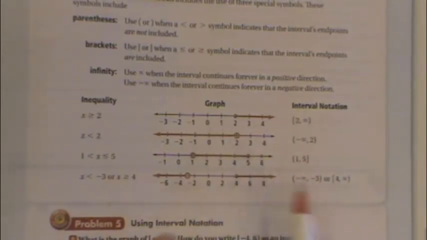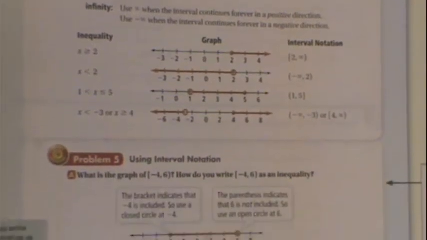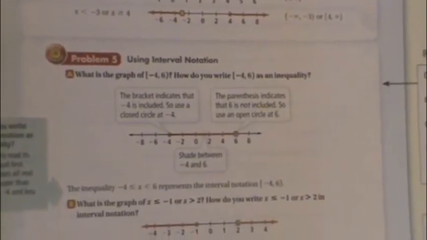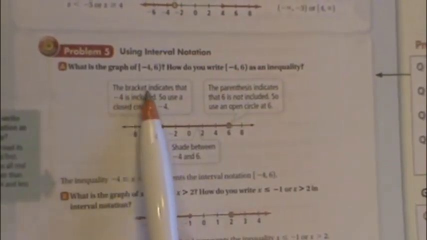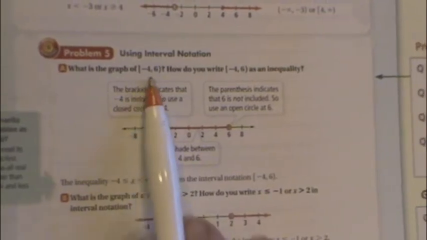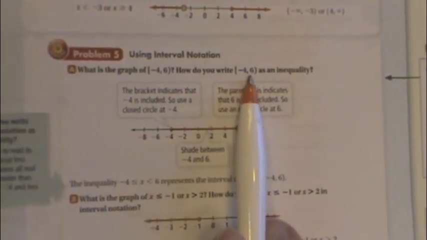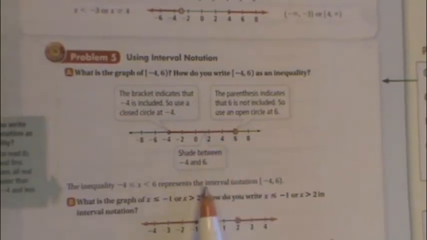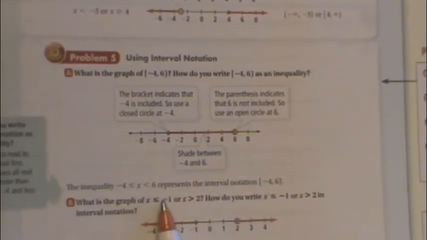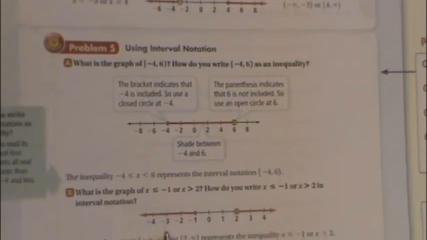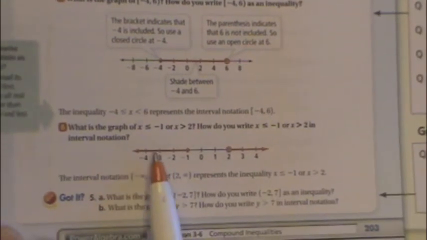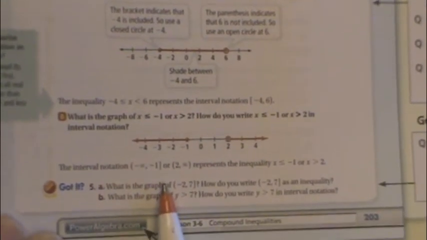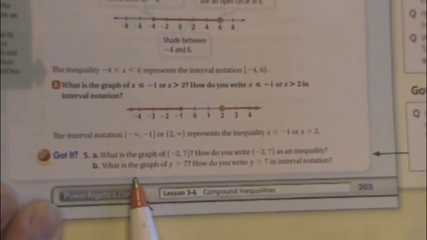Take a look at that. Now they want you to practice using it on problem 5. They give you the graph of this, and they want you to be able to translate it into an inequality. They give you the inequality here. They go through a similar problem with letter B. Give number 5 a try.